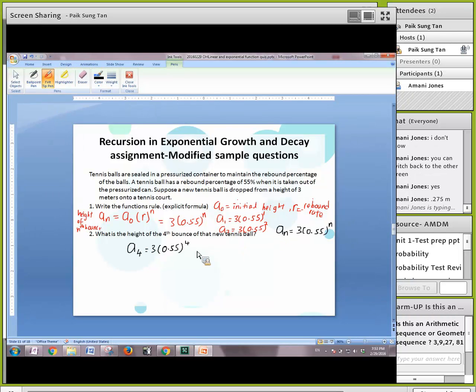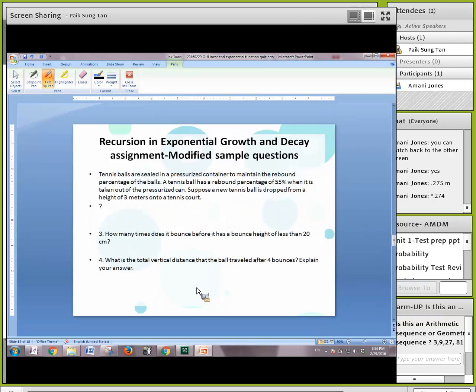It's 0.275. So the bounce of the ball should get less and less. When you calculate the height of the bounce, the more bounces, the lower the ball should be bouncing. If your number is getting higher, something is wrong in your formula.